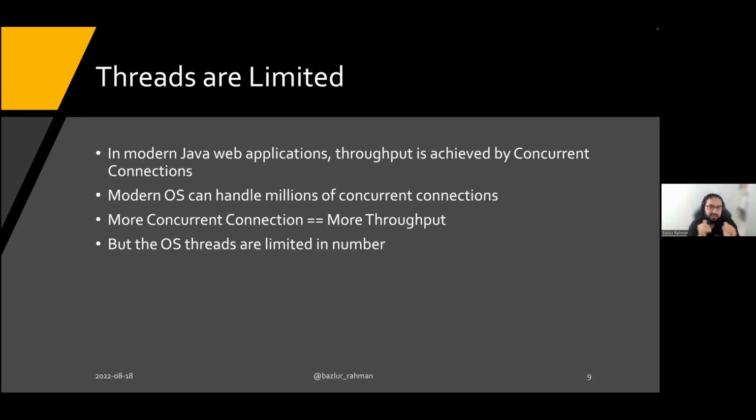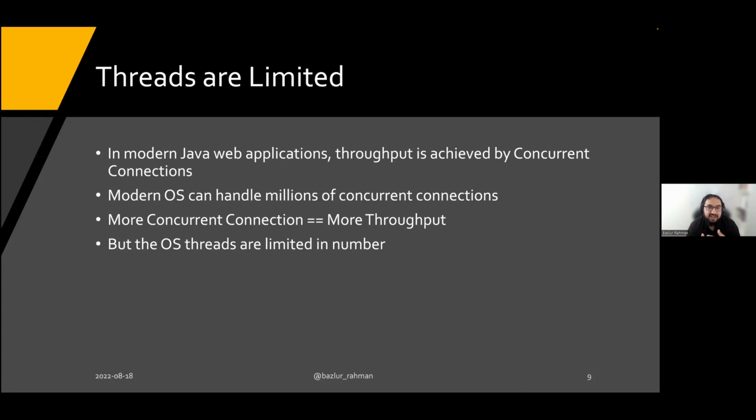That's one problem. The other problem is our throughput is limited by the number of threads we can have. With 400, we cannot get more than 400 requests served at a point of time, right? So that also limits our throughput.